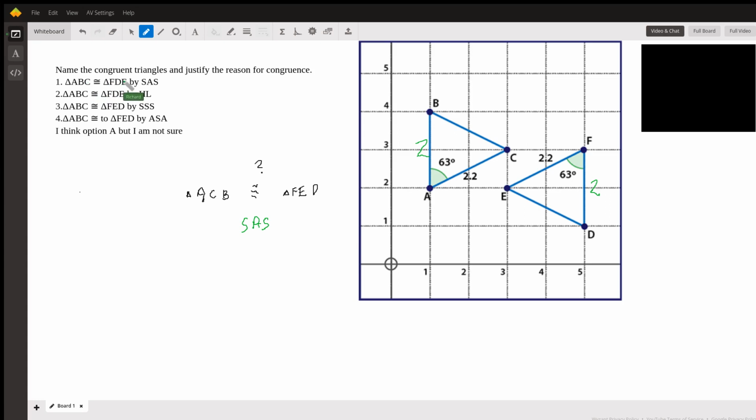They're both 2.2. And side BC is congruent to DE. We don't know that. AB and FD, those are the 2's, right? And then we've got this other side. So it's clearly side, angle, side.